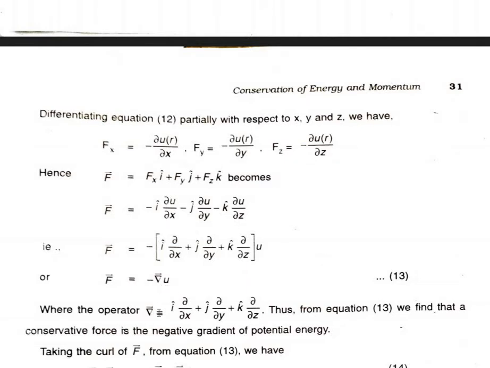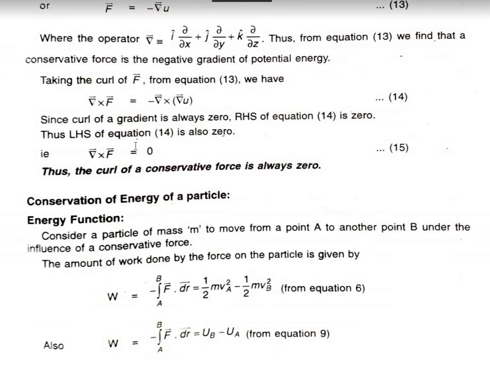So what is del? Del is i dou by dou x plus j dou by dou y plus k dou by dou z. When a del operator acts on a scalar, we call it a gradient. Another important property is del cross F, when we take the curl of conservative force.